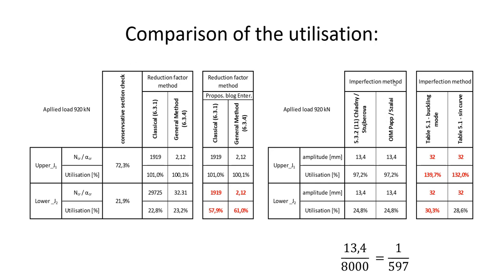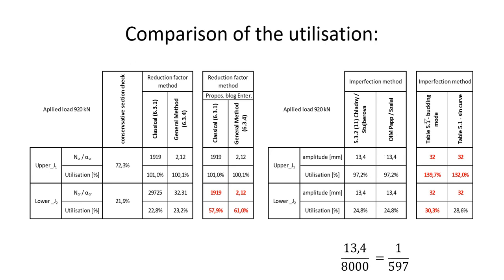And then we have the imperfection method based on the Hladny approach, then based on the Papp-Chalet approach, which is called the overall imperfection method. We can see that in that example, the results are exactly the same.